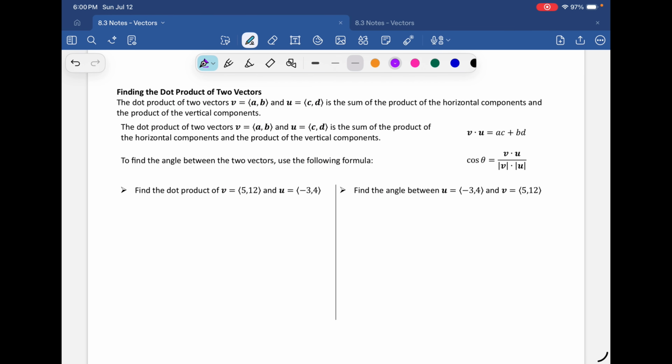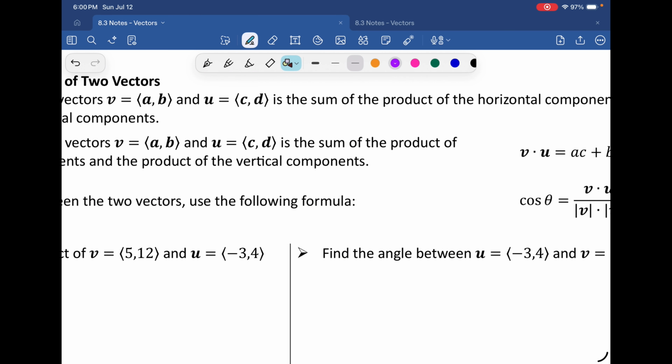Our last thing we're talking about is something called a dot product. So the dot product is used to find the angle in between two vectors. So if I had a vector going off this direction, and I've got another vector going off this direction, then this would be used to find the angle in the middle.